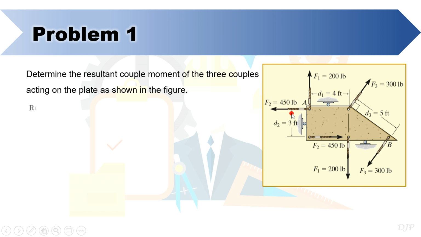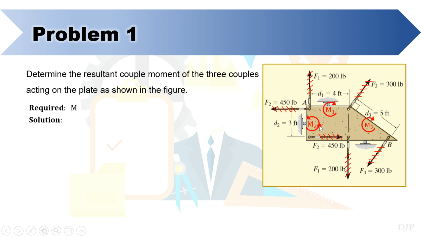In that case, let's just denote that unknown by variable M. By inspection of the given figure, you will notice that you can create three couple moments. You can combine or replace the two F sub 1 forces into a single moment. In the same way, you can replace F sub 2 and F sub 3 forces with their corresponding couple moments.